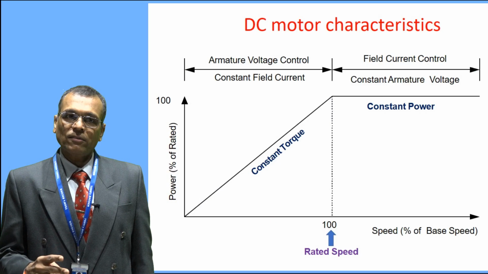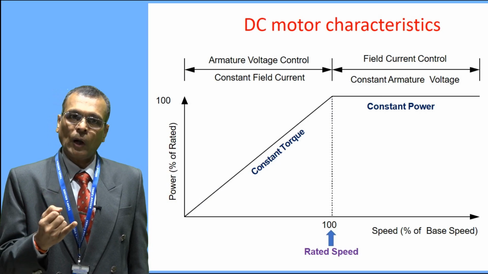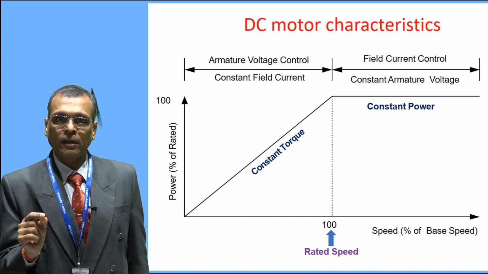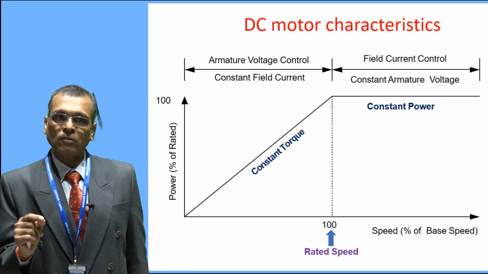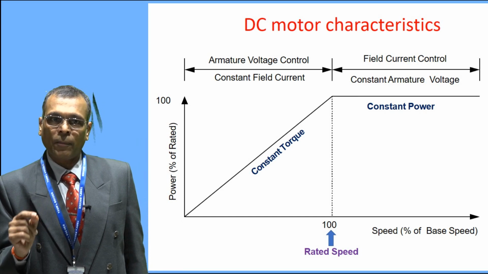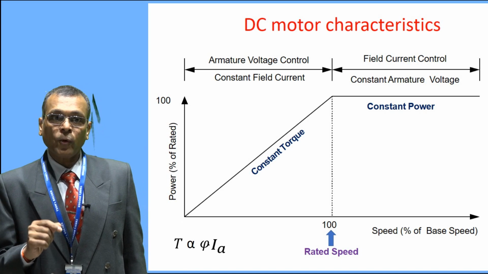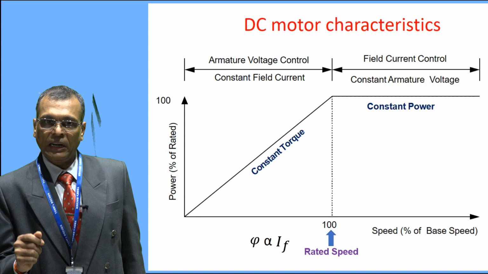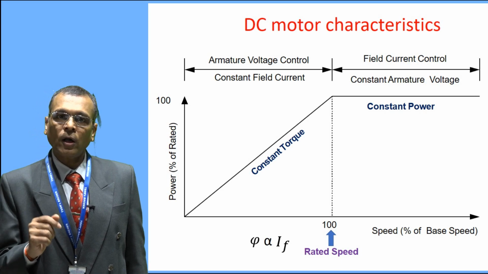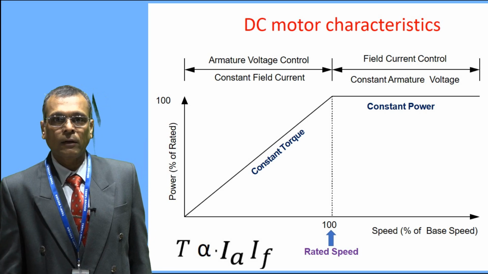There are two methods, as we know: armature voltage control method, which is also called constant torque operation, and field current control method, which is also called constant horsepower operation. As we know that torque is proportional to phi into Ia and phi is proportional to field current, therefore torque is directly proportional to armature current into field current.